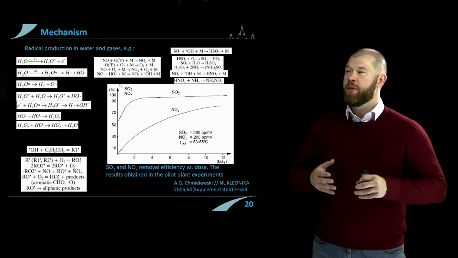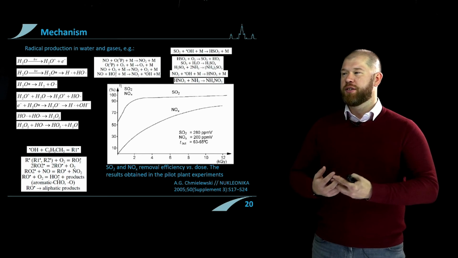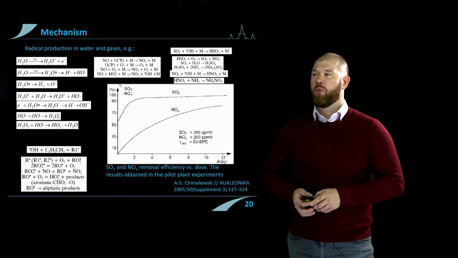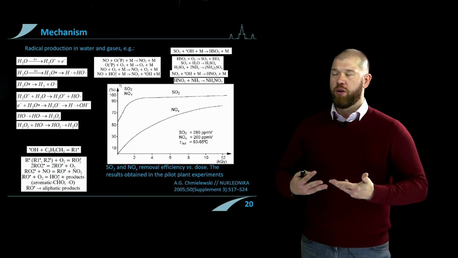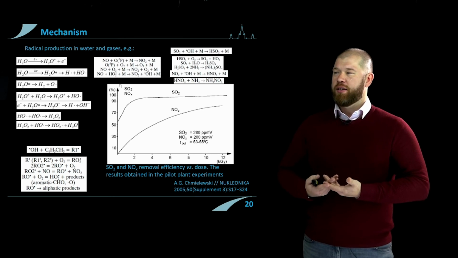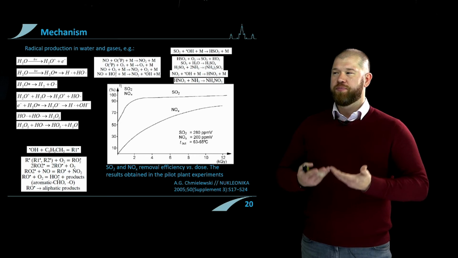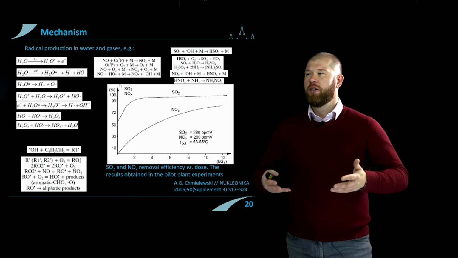So for removal of oxides of nitrogen and sulfur, we can use special radiation techniques that produce a lot of radicals inside the gas stream, and these radicals attack the nitrogen and sulfur.